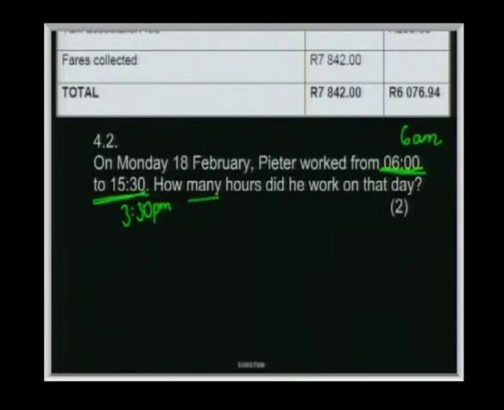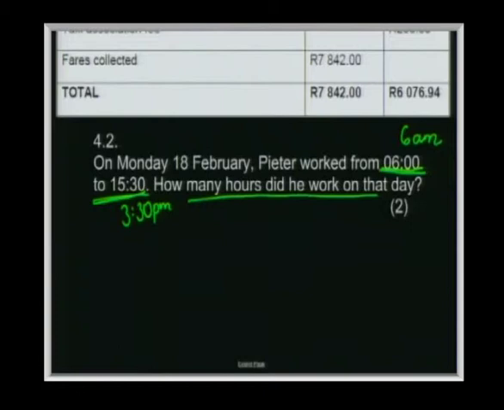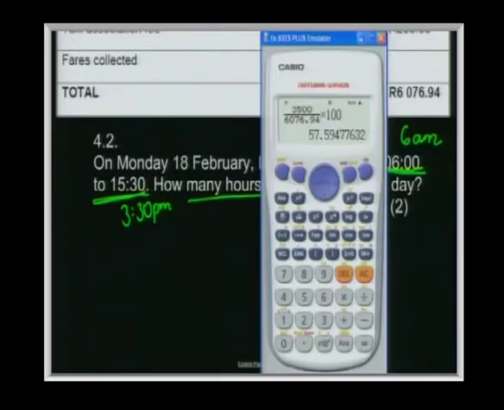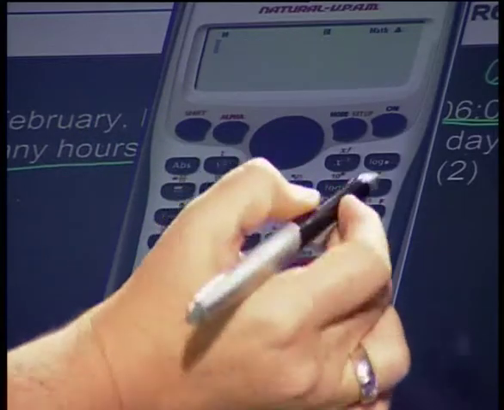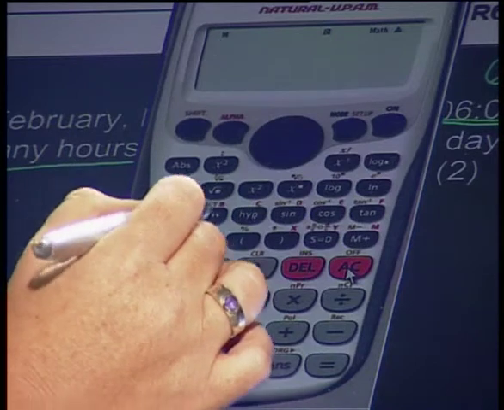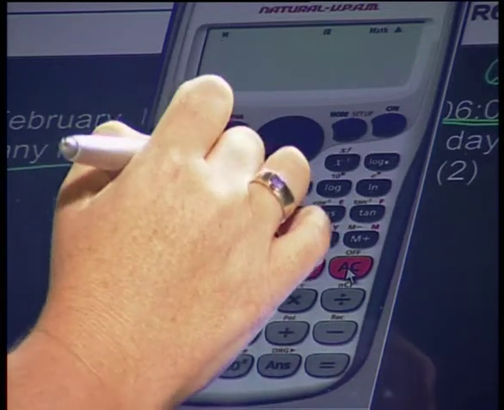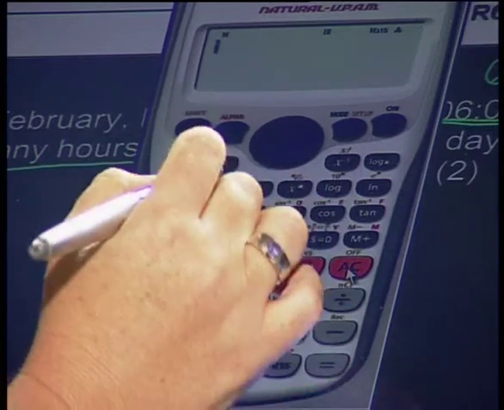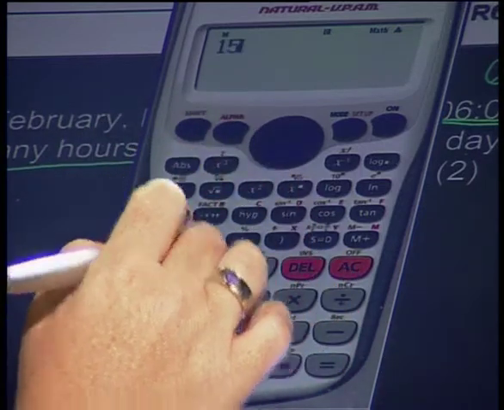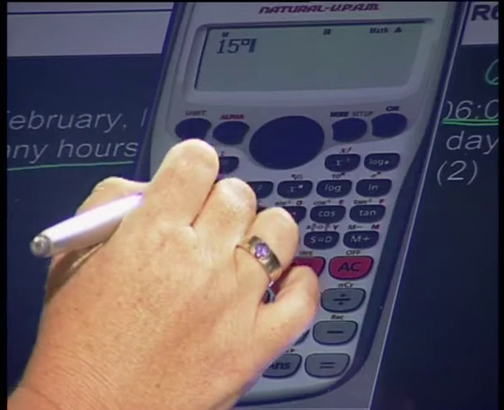And this would be 6 a.m. So how many hours did he work on that day? Now there's 2 ways we can do this. We can cheat and use our calculator, or we can do it manually. So let's do it both ways, so we actually have 2 options. Let's start off with our calculator. Now, the calculator has a special button over here that looks like it's lots of little commas. And that's actually my time button. So I can then choose 15, and then I push that button.